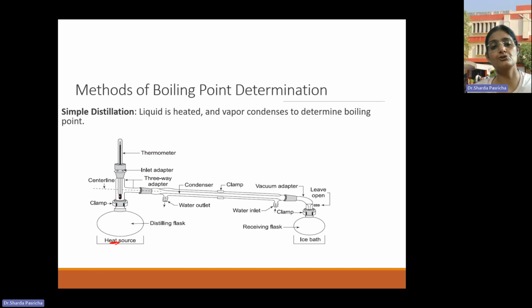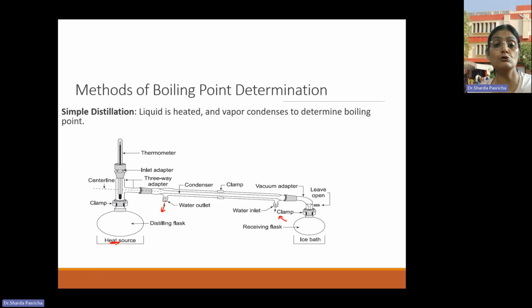Now this is attached to a two-way adapter. On one side, you have a mercury jacket with thermometer in the mercury jacket. On the other side, you have a water condenser which is attached. There are two openings here. The one at the further end is used as an inlet for water using rubber tubings connected to the tap.